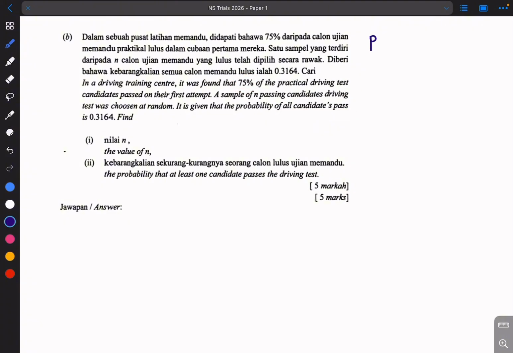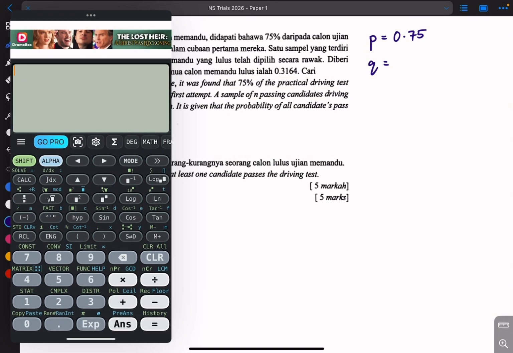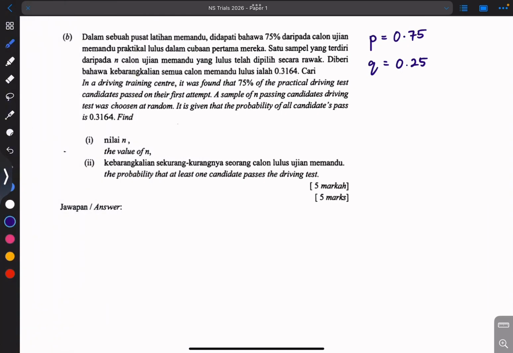So our probability of success is 75%, which is 0.75. So probability of failure would be 1 minus this, which is 0.25.